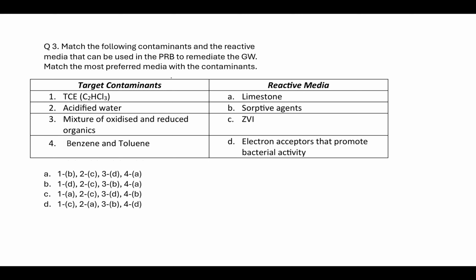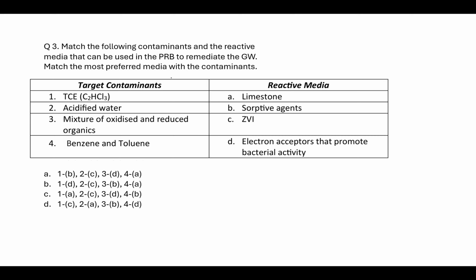So let's see which option is correct. For TCE, generally zero valent iron is used. For acidified water, the pH will be low, so we need to increase the pH, and limestone can be used for that. And third is a mixture of oxidized and reduced organics.